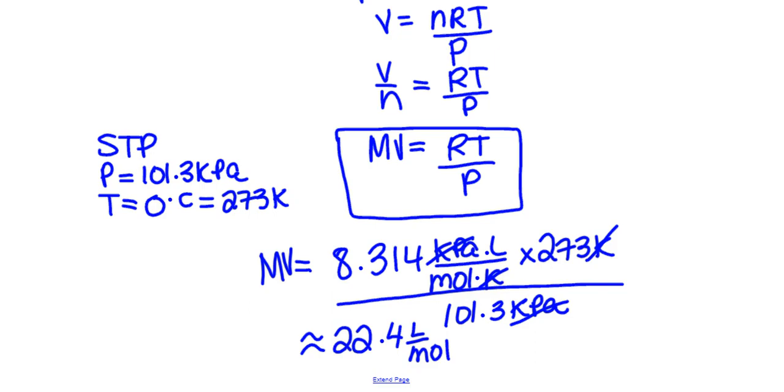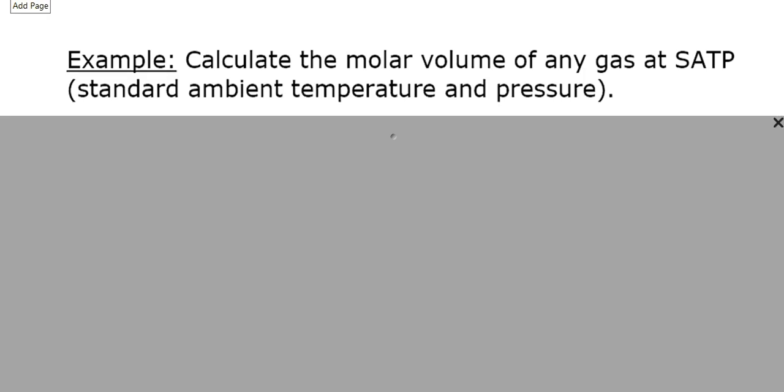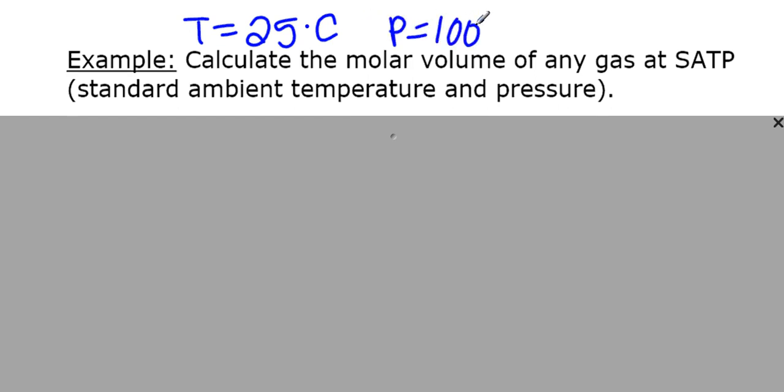You can also apply this with SATP and confirm what the molar volume should be for any gas at this condition. So I'm going to get you to try this one yourself. Remember, SATP conditions are different. The temperature, if you remember, is 25 degrees Celsius, and the pressure is 100 kilopascals.